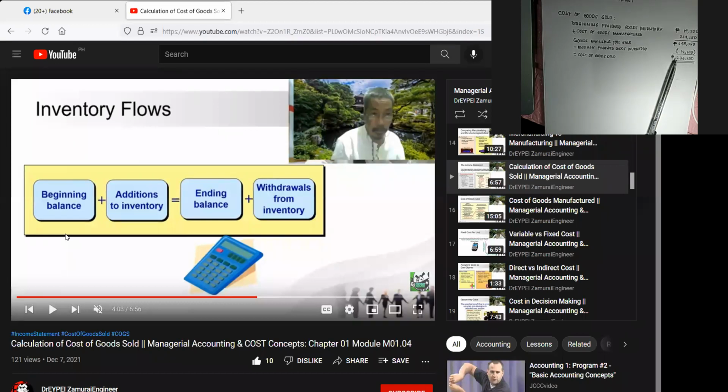At the beginning of each month, for example, March 1, you have to record how much is your goods available for sale. That is your beginning balance. Okay? That's your beginning balance.